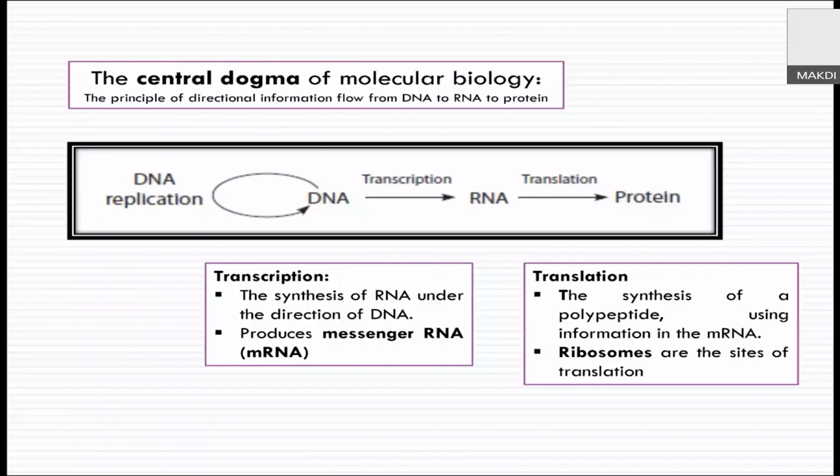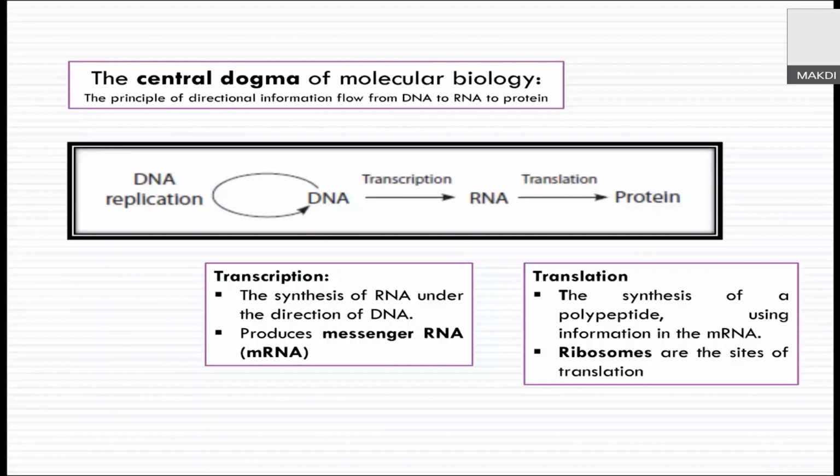Okay, so transcription is the synthesis of RNA ataupun messenger RNA under the direction of DNA. Direction mean dia punya information from DNA lah. Dia akan menentukan messenger RNA itu macam mana dalam bentuk codon. Okay, RNA dia akan travel, dia akan cari ribosom.